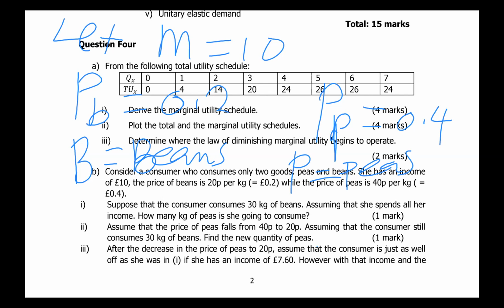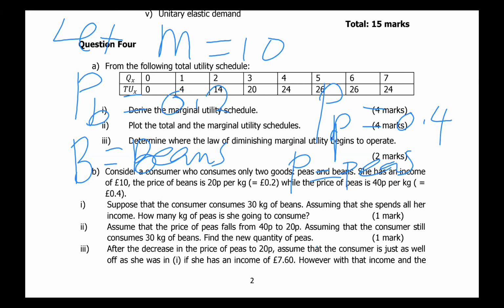So as you add the units consumed, you find that marginal utility is decreasing. Did you get that? Okay, we move.